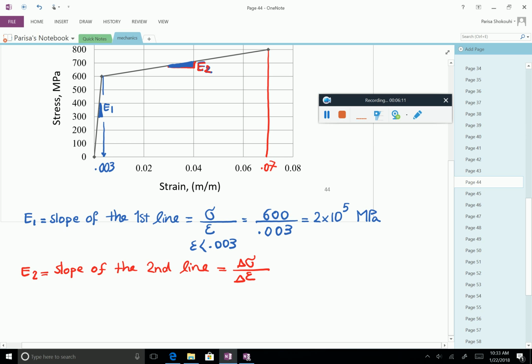Since it's not starting from 0, we cannot just say sigma over epsilon.